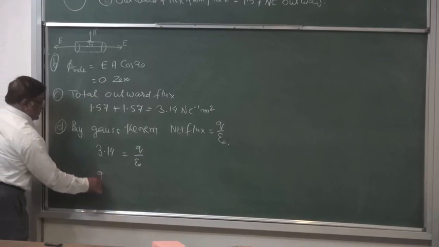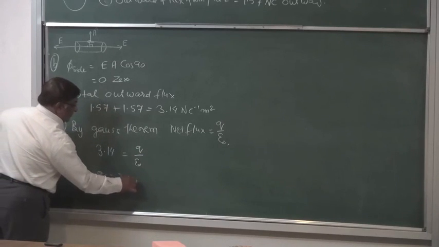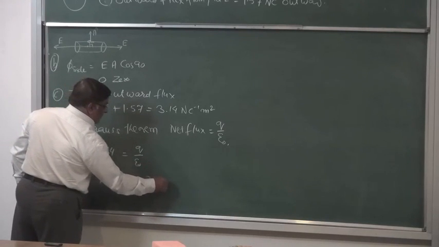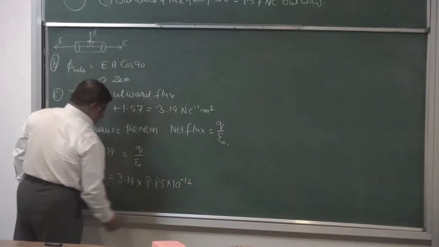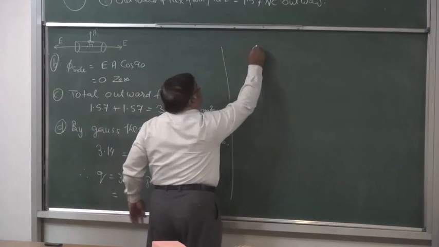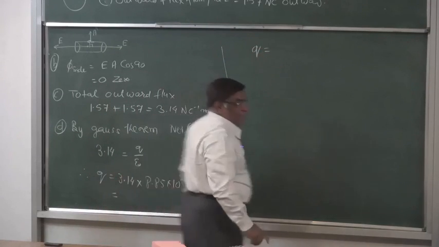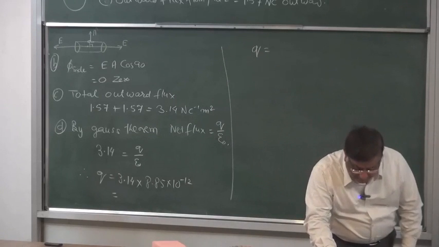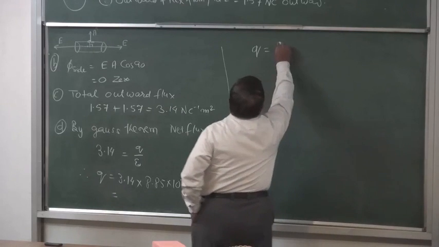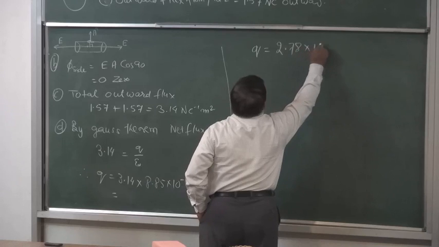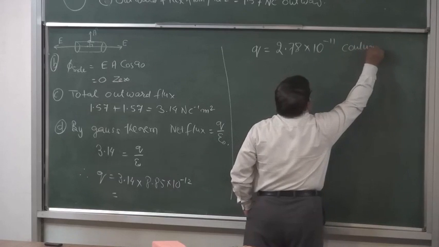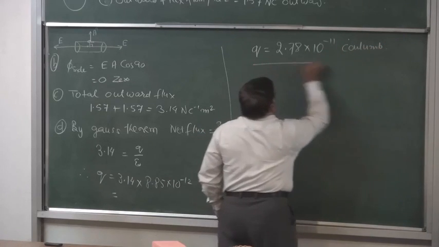Therefore, Q is equal to 3.14 into 8.85 into 10 to the power minus 12, and if you multiply all these three, what you get is Q equal to 2.78 into 10 to the power minus 11 coulomb, which is the unit of electric charge.